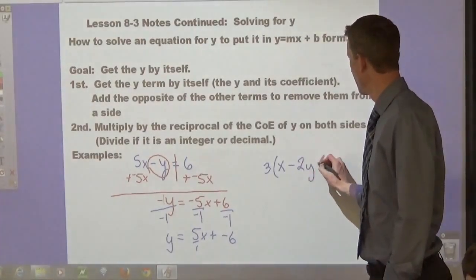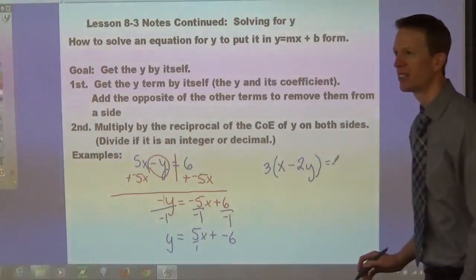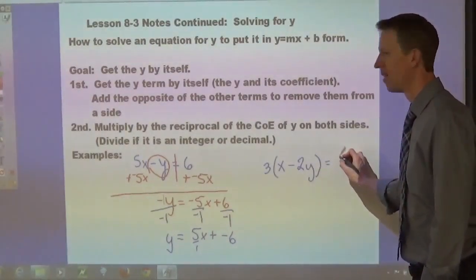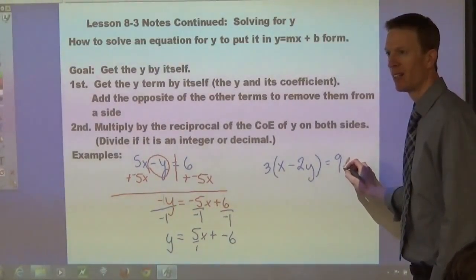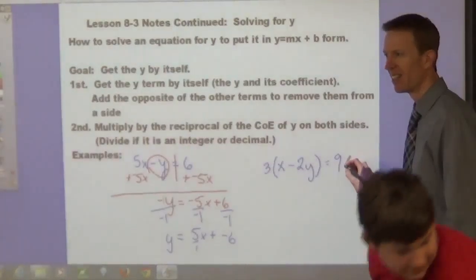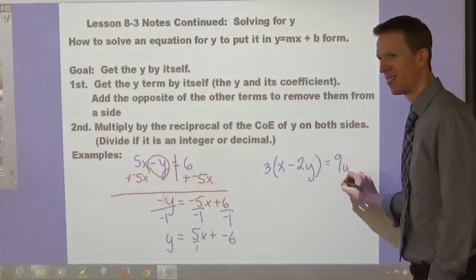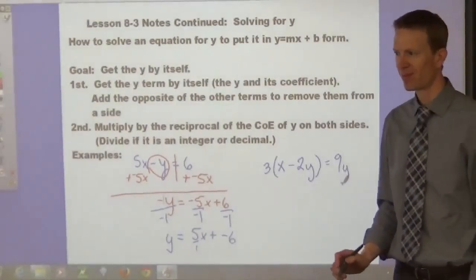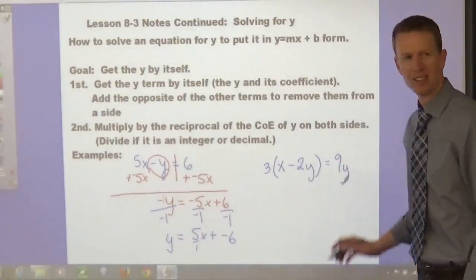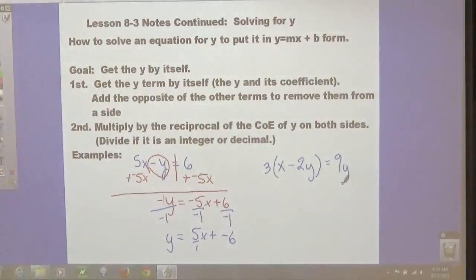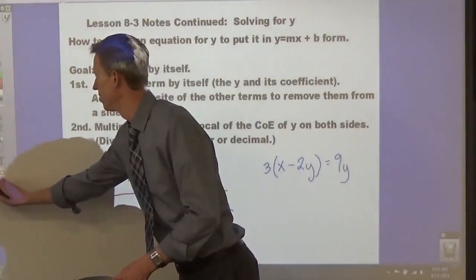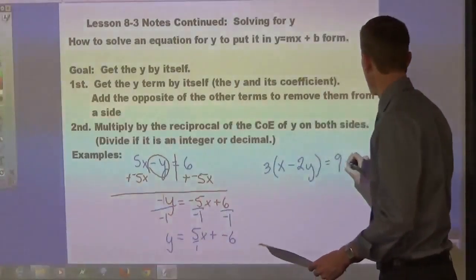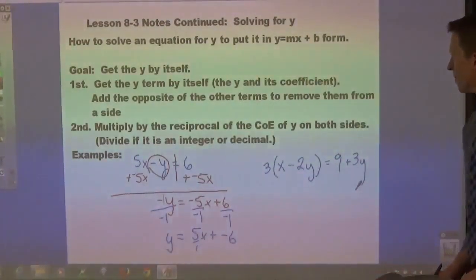And then the other side, it was 9 and 9y or negative 9y? Let's see if I have it. Oh, here it is. It was 9 plus 3y.